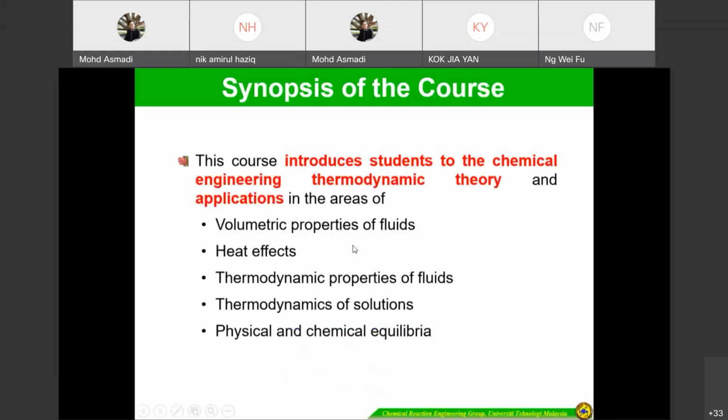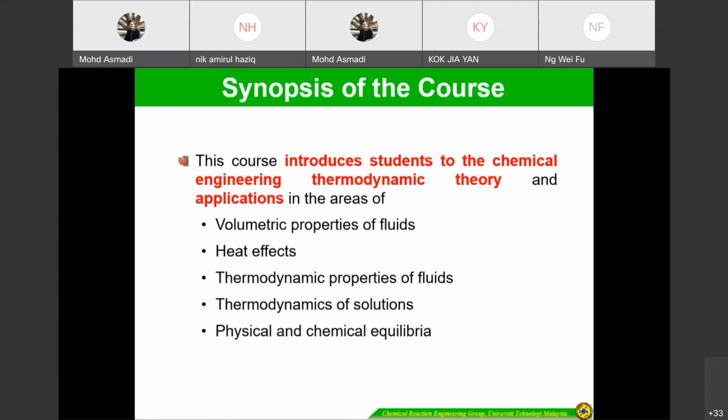So for this course, we're going to introduce chemical engineering thermodynamics. I think the prerequisite for this course is thermodynamics, so you have to take the thermodynamics class first before you enroll in this class.